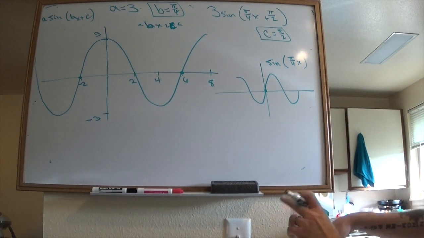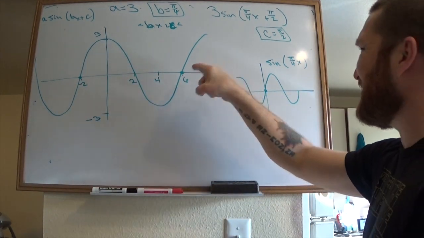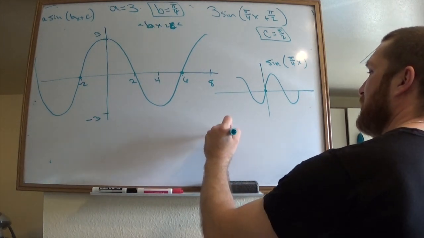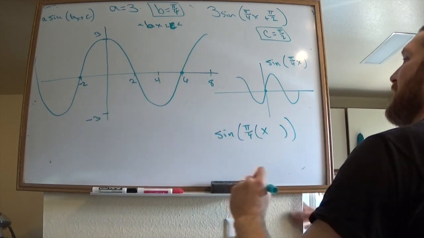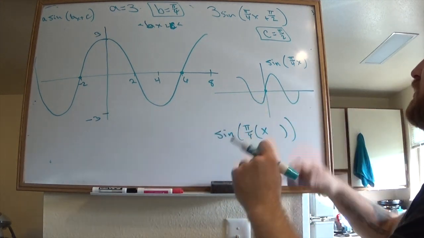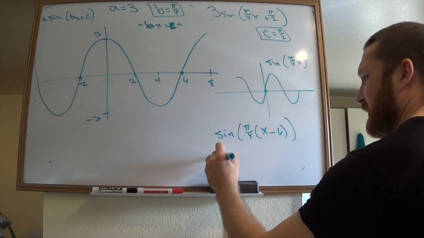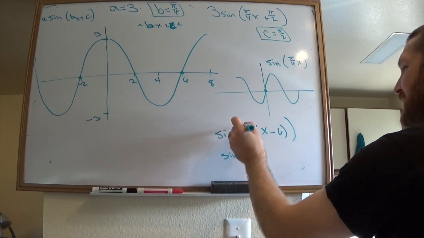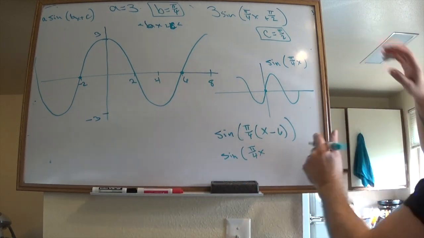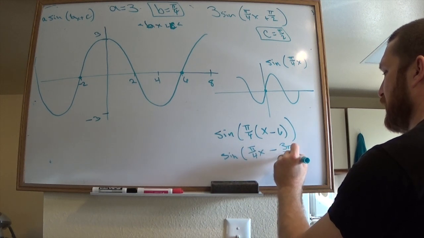Now, if we need to take that function and shift it to the right by 6 units, we would need to go sine pi over 4 x. Now, to shift right, we subtract, so minus 6. That jumps over, and 6 over 4 reduces down to 3 over 2.